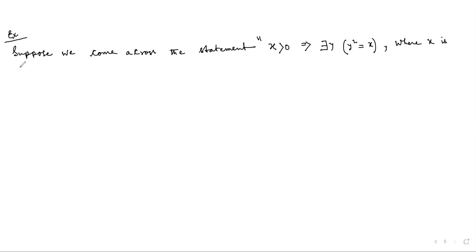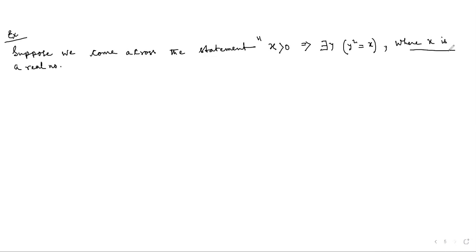Suppose we come across the statement: x greater than 0 implies there exists y such that y square equal to x, where x is a real number.